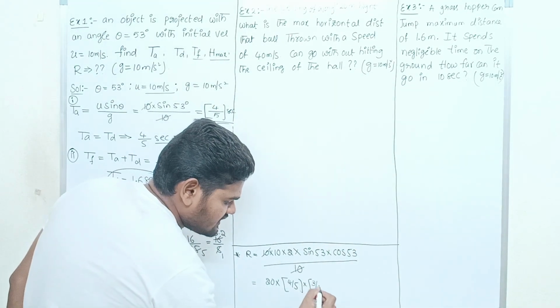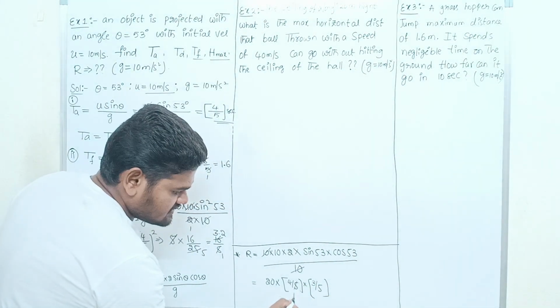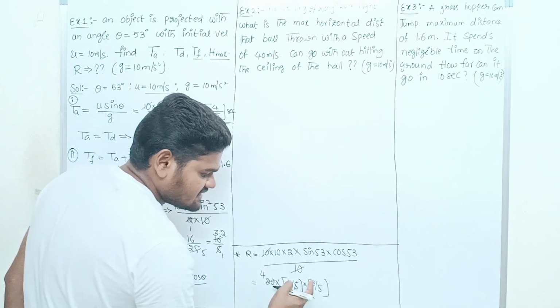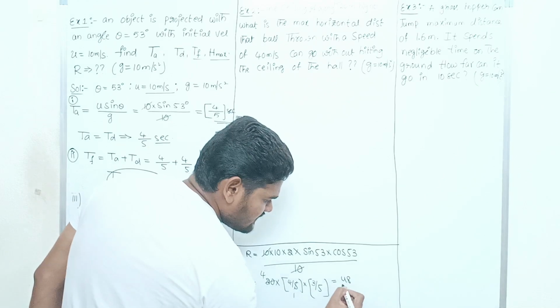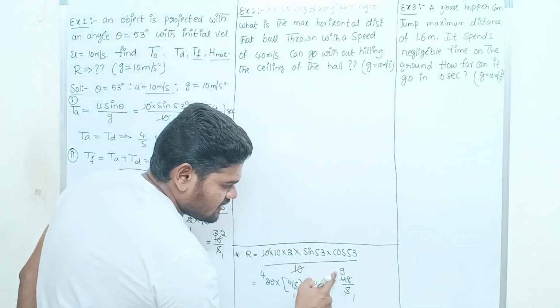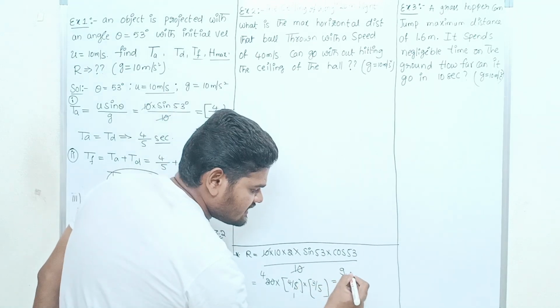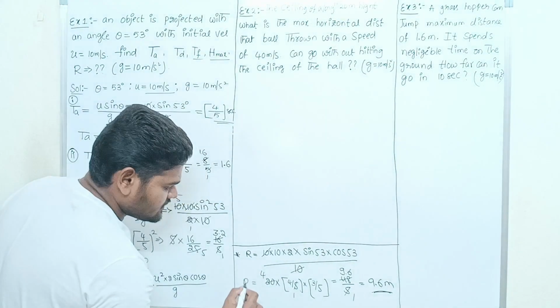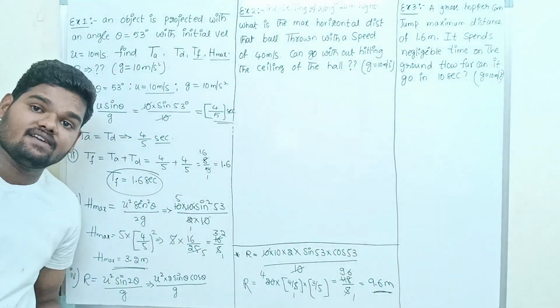What is the value of cos 53? 3 by 5. So 5 ones are 5, 5 fours are 20, 4 fours are 16, 16 threes are 48 divided by 5, which is 9.6. So range is equal to 9.6 meters.